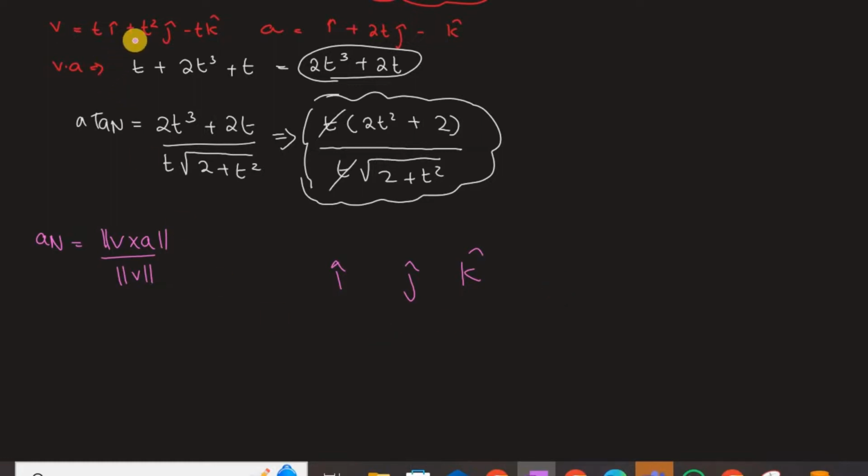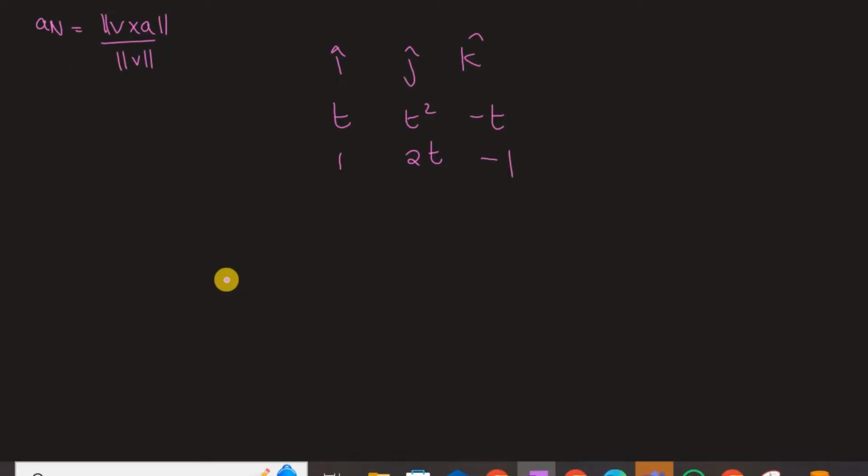Okay, so let's write the components of v, which is t squared, negative t, and here we have 1, 2t, and negative 1. If we take the determinant of this, of course we cross out the column and the row of i hat, and then we multiply this times this, and then negative this times this.